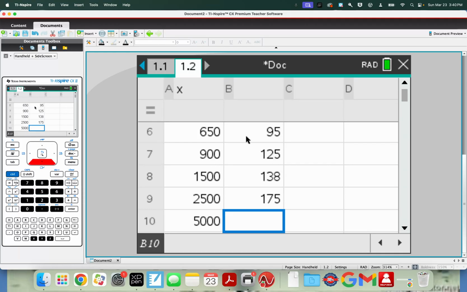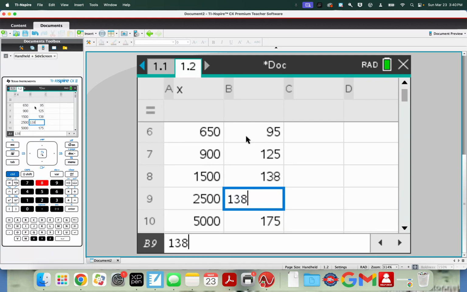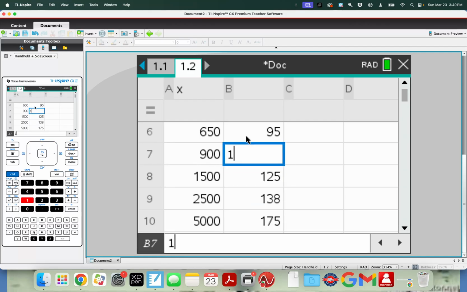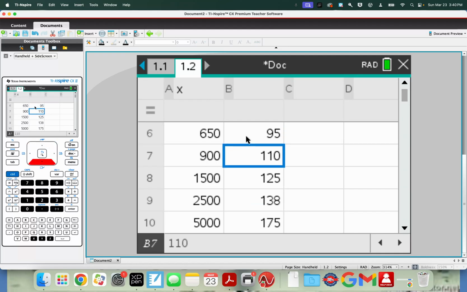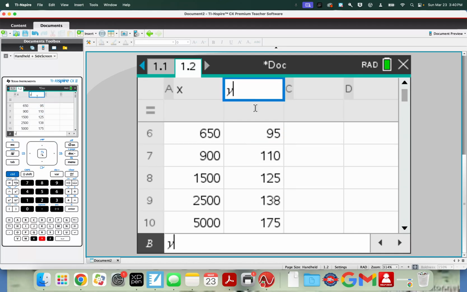And again, I missed one. Let's see, that's 175, so let's go back up. 138, I had to have missed one. 125, 110, that's the one I missed. Okay, so I'm going to call that one Y.